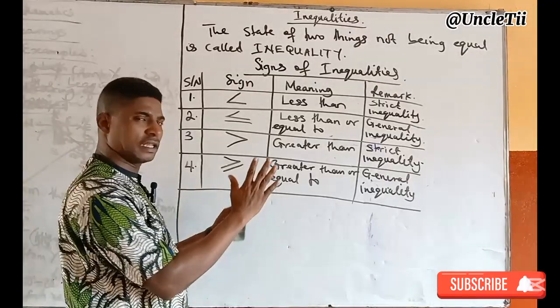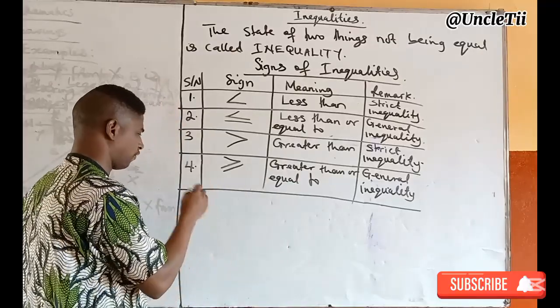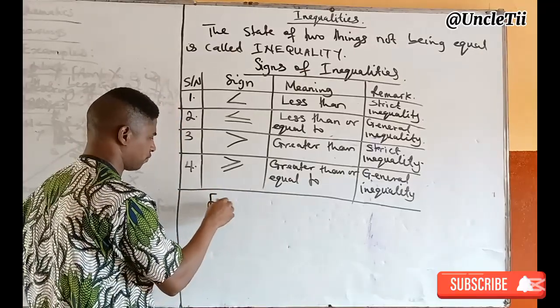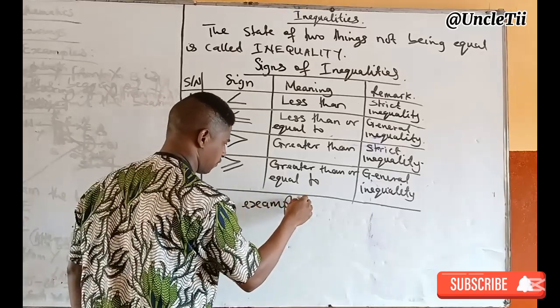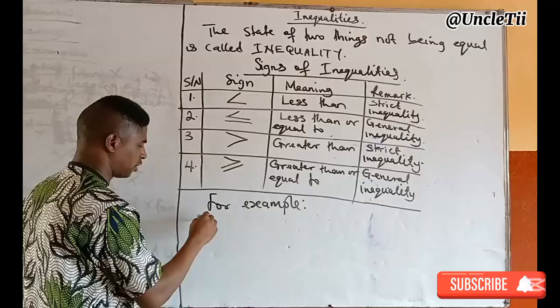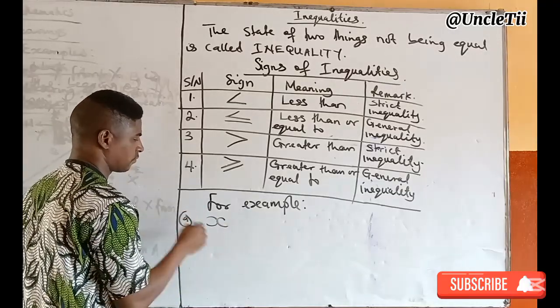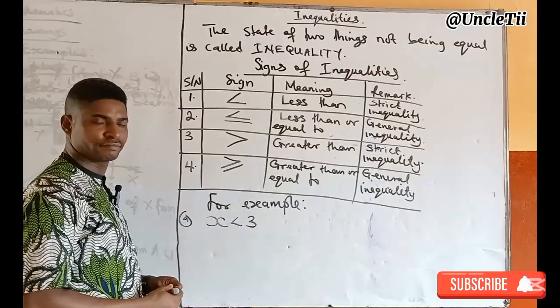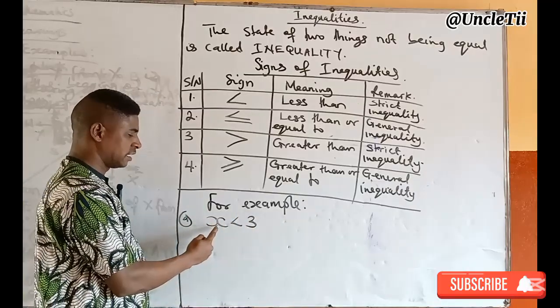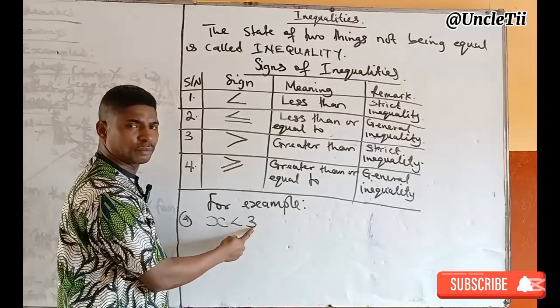Let us further explain them. For example, it's possible to say x is less than 3. What it's saying is the quantity x is not up to 3.